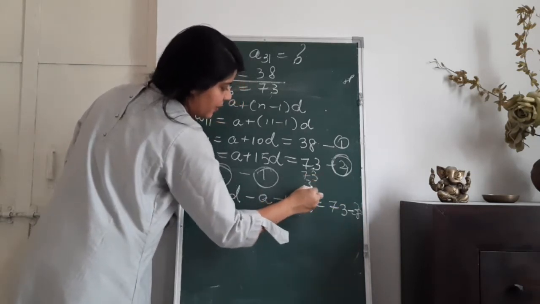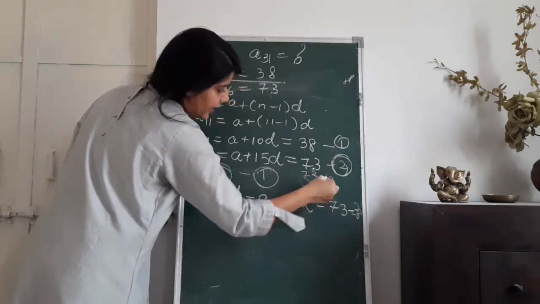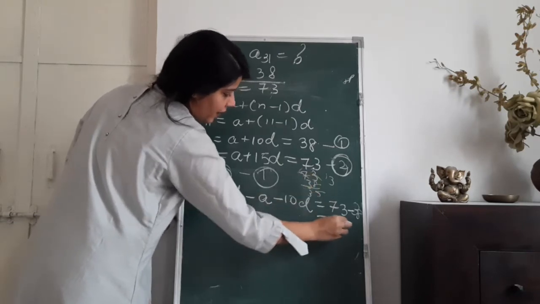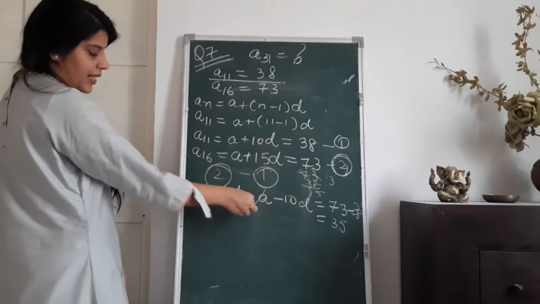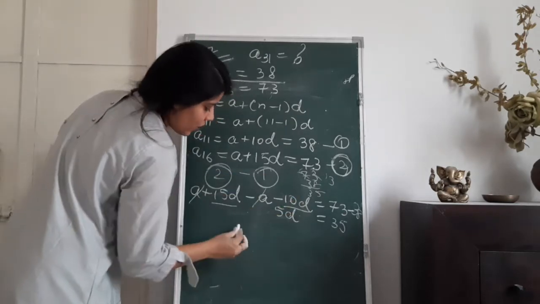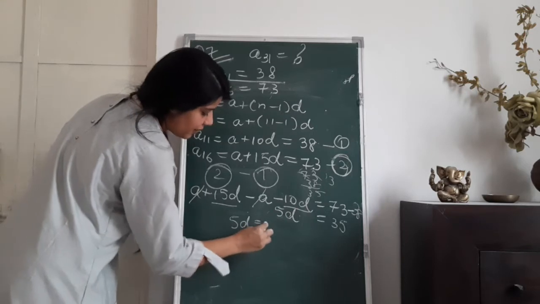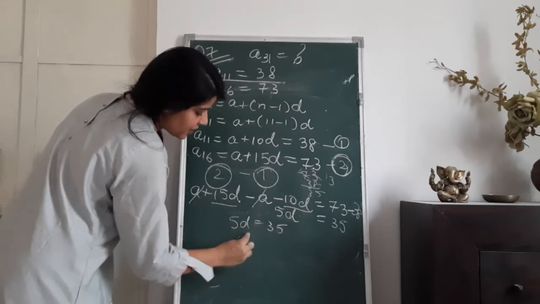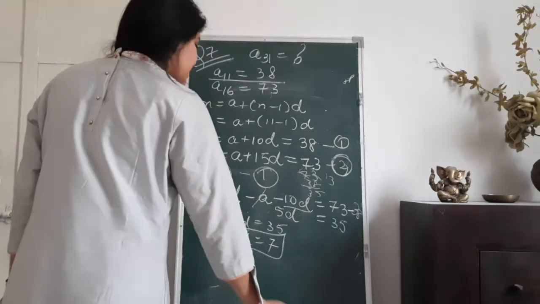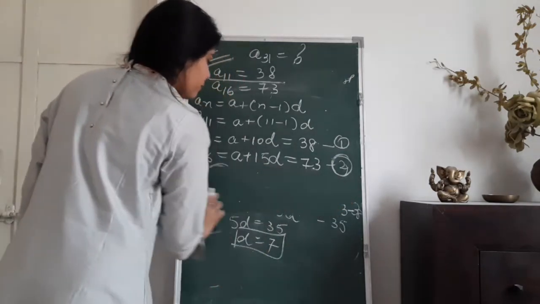And 73 minus 38 is 35. A and A will get cancelled. 15D minus 10D is what? 5D. So I get 5D is equal to 35. That gives me D is equal to nothing but 7. So the common difference here is 7.